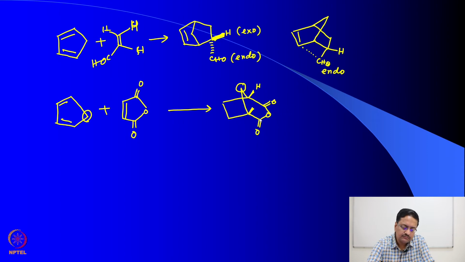So, this group which is hanging below is hanging at the endo position with respect to the point where the new bonds got formed.